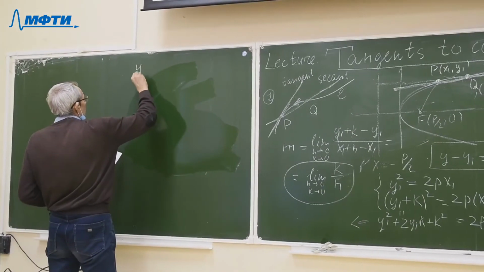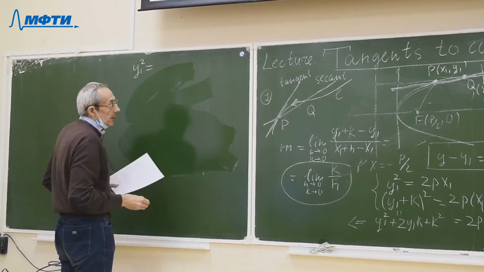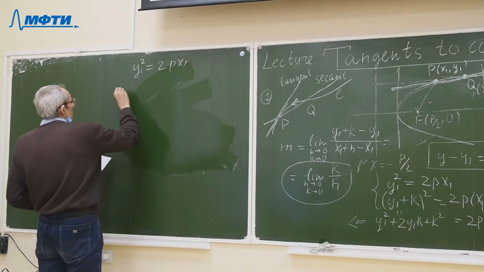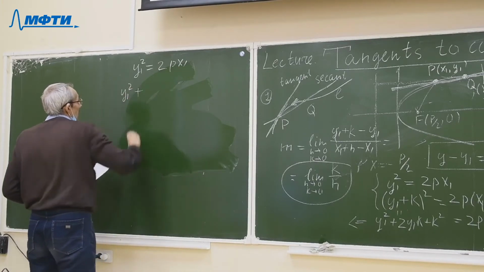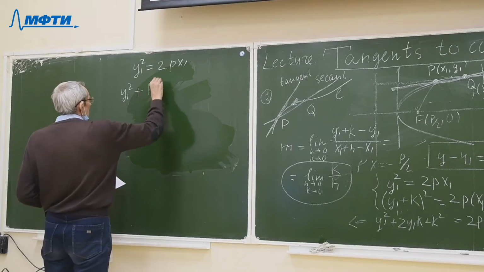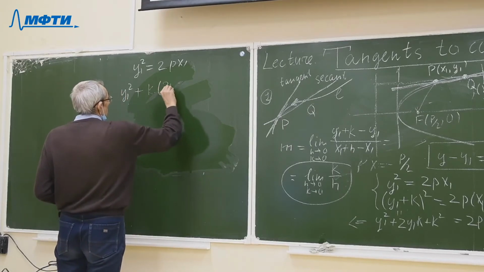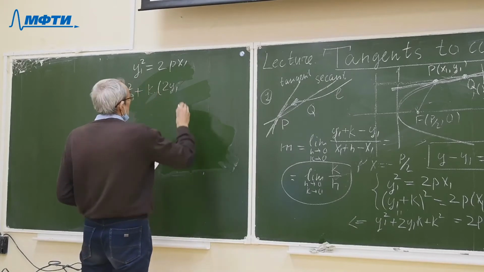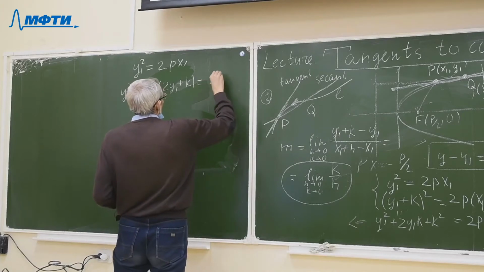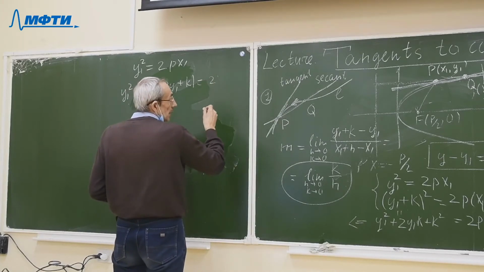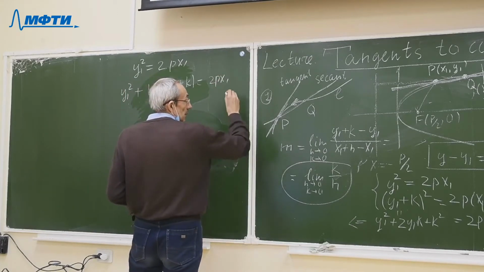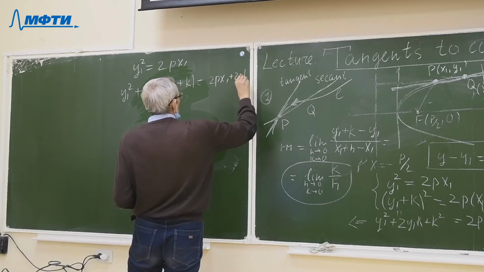The first equation is y1 square is equal to p x1, and the second equation is y1 square plus k times (2y1 plus k) is equal to p x1 plus 2ph.